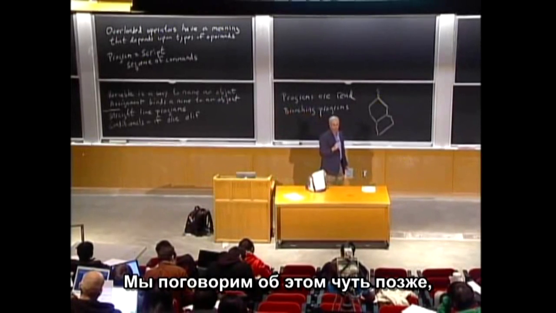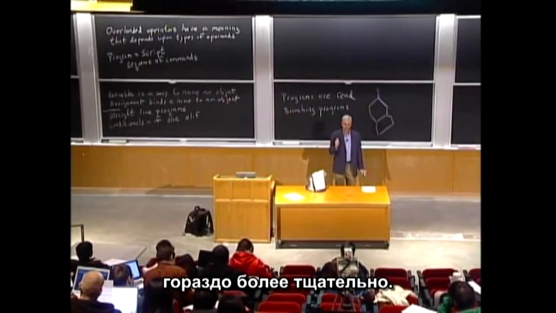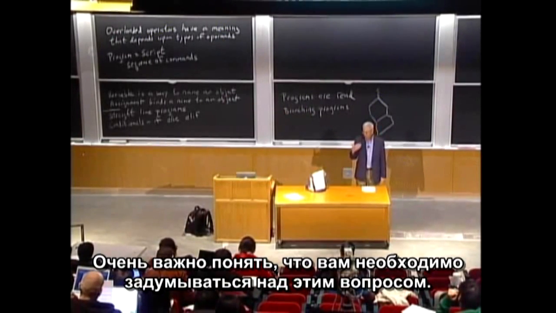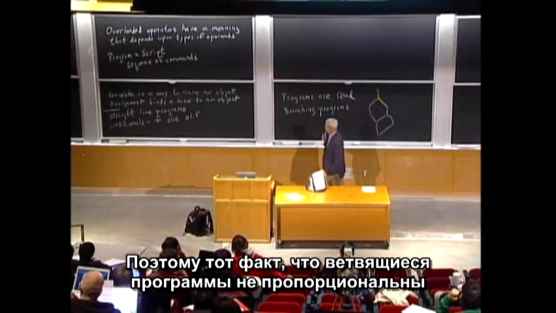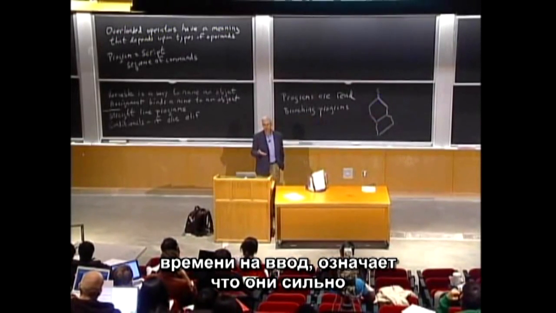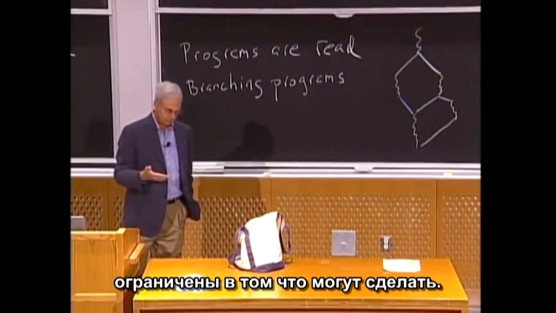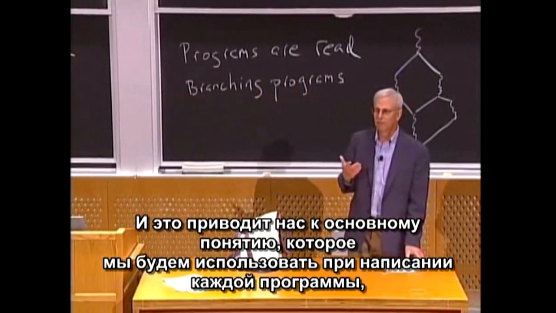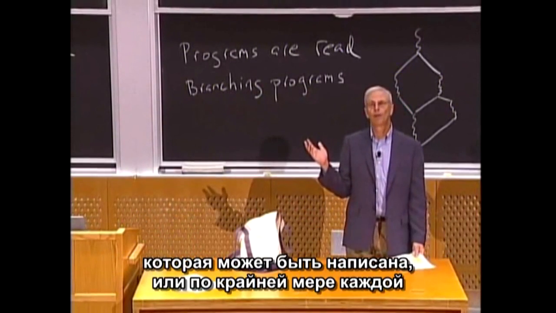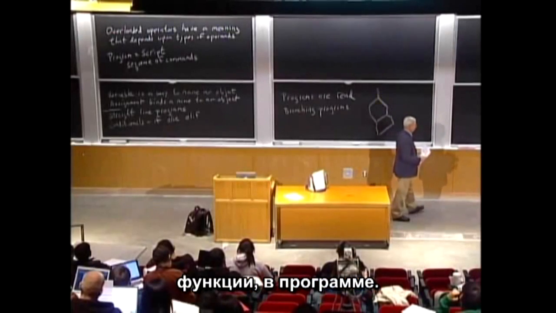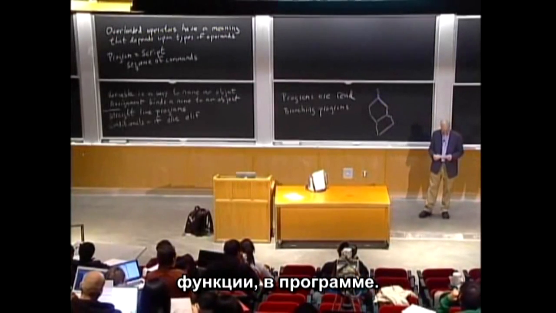We'll talk a lot more about that later in the term in a much more thorough way. But it's important to get that as something you think about. So the fact that branching programs are not proportional in time to the input means that they're limited in what they can do. So that gets us to the final concept we need to write every program that could ever be written, or at least to compute every function that could ever be computed.